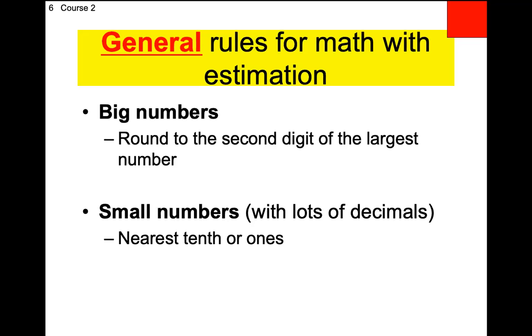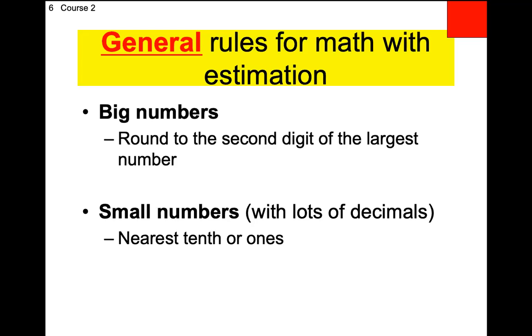If you have really small numbers, lots of decimals, generally speaking, we round to the nearest tenths. These are general rules. These are not like you will always do this. But in general, round to the nearest tenths if you have decimal numbers. In general, if you got really big numbers, round to the second digit of the number.